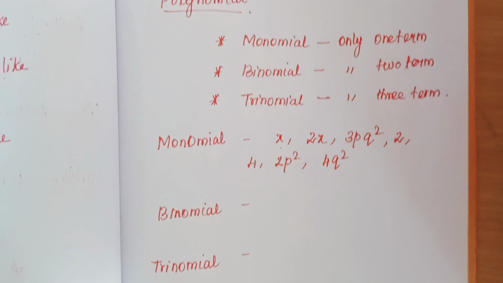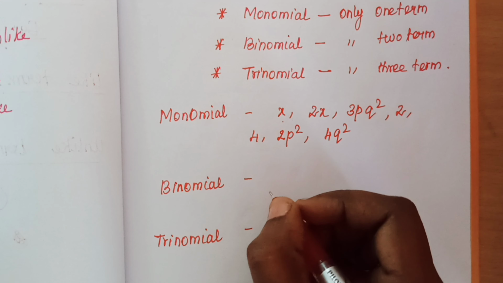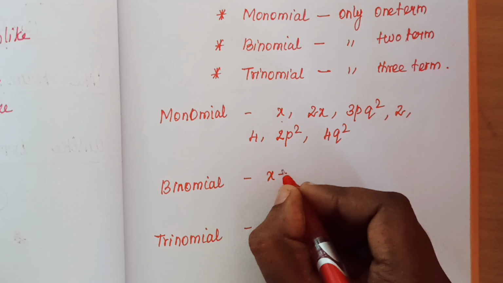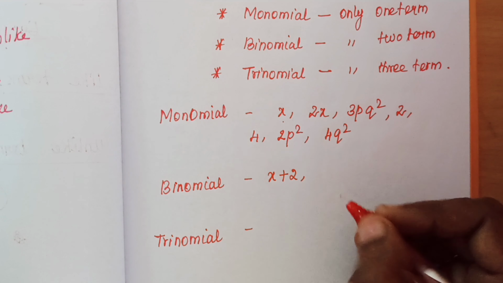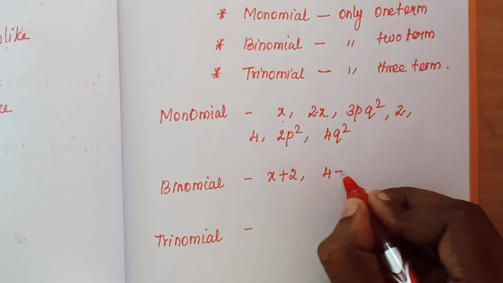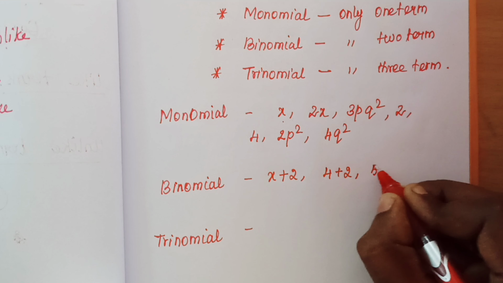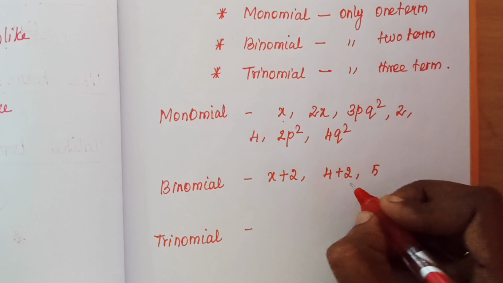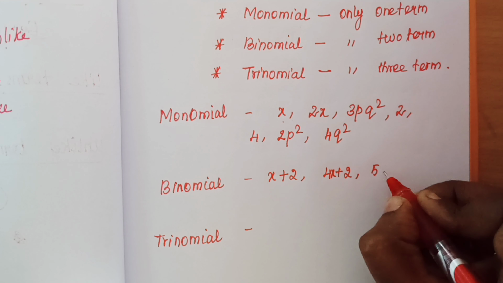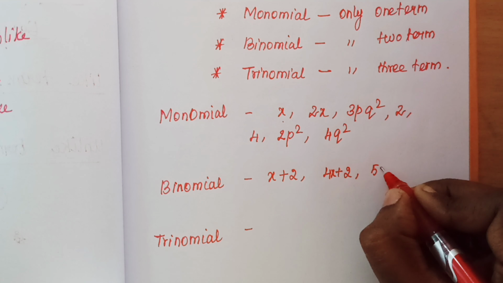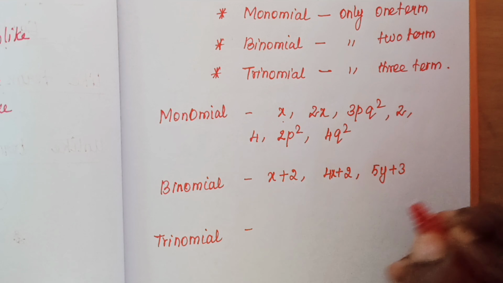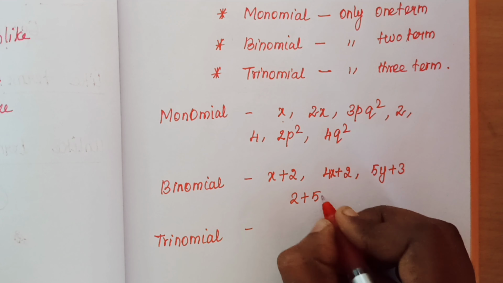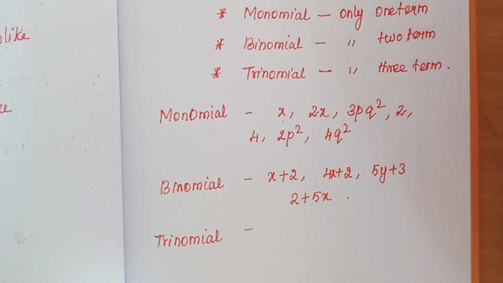Now give me one example for binomial. Binomial, how many terms will you have? 2 terms. Clear? So x plus 2, then 4 plus 2, 5 plus 4x plus 2, 5y plus 3, then 2 plus 5x.